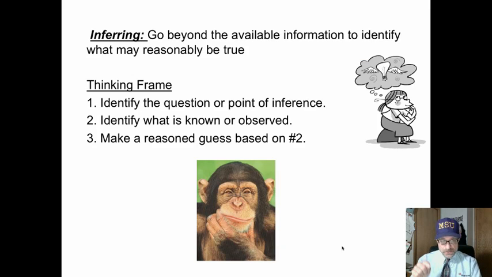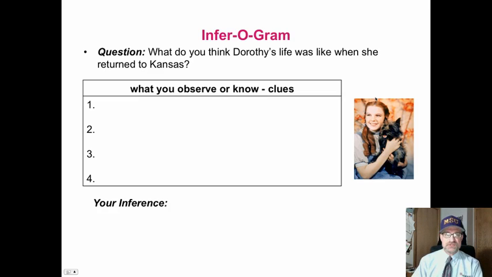For example, if I want to teach students how to infer, I cannot assume they know how to do that. I would define the process first, and there it is, and I would break the process down into steps. I like to use what are called graphic organizers, and I would give them an example.